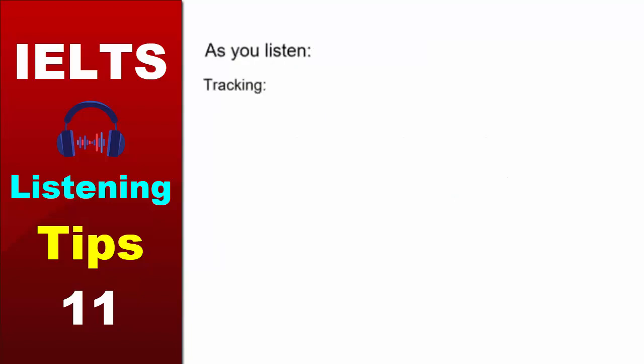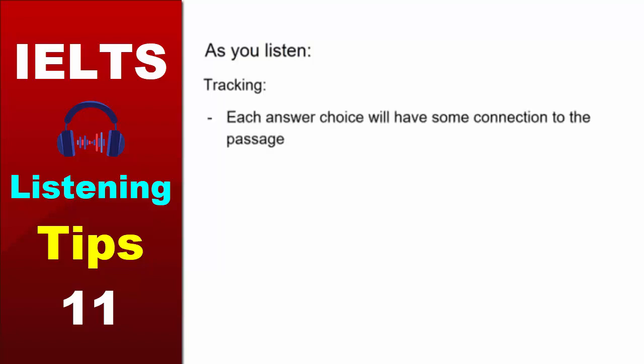But first, as you listen, while the speakers are talking and you're trying to answer questions, keep in mind that each answer choice will have some connection to the passage. IELTS never just gives you an answer choice that's wildly wrong, clearly wrong and easy to figure out. Each answer choice will have some connection.